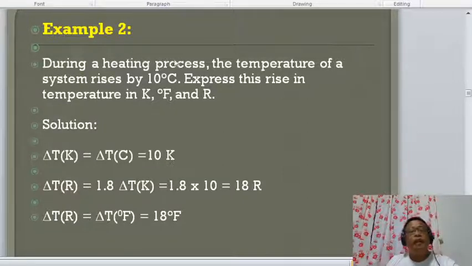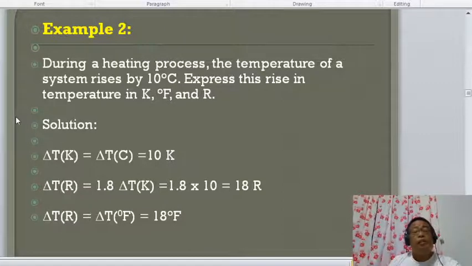Okay. Express this rise in temperature in Kelvin, Fahrenheit, and Rankine. Okay, so solution. Take note that the change in temperature in Kelvin scale and in Celsius scale are the same. Okay.